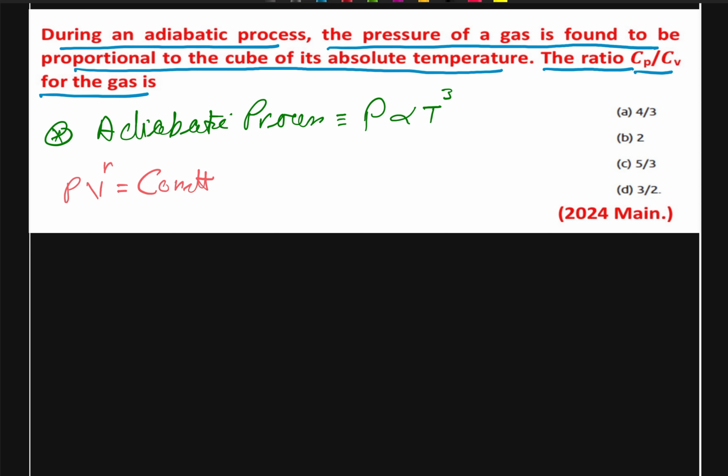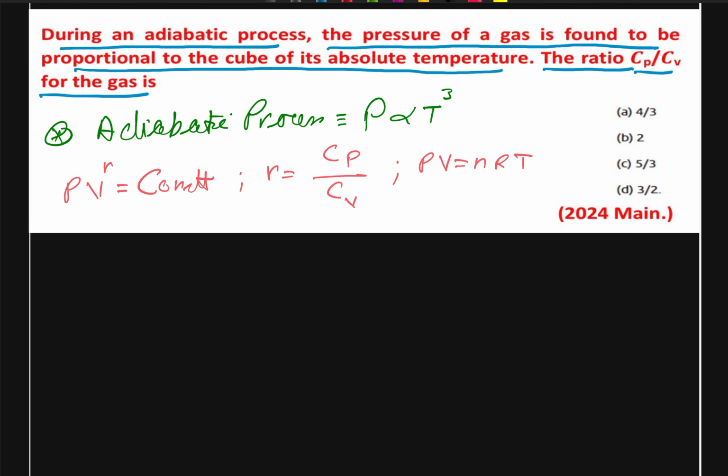And we know that our gamma is the ratio of C_P to C_V. For an ideal gas, we know that PV is equal to nRT.